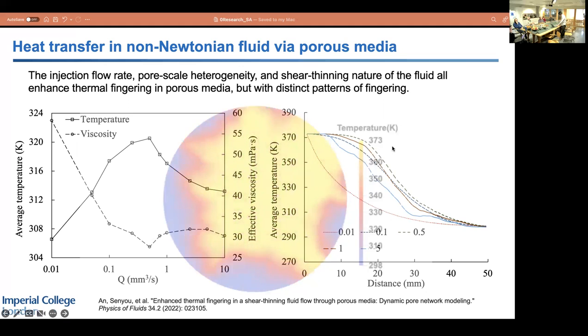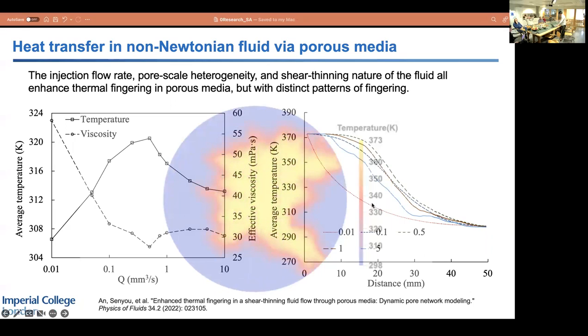And we can also clearly see the fingering here, and how about the front, how about the evolution of the temperature. And we can also get a very clear non-Newtonian behavior for this performance. There are the viscosity and temperature at the breakthrough point with the increase of the flow rate.